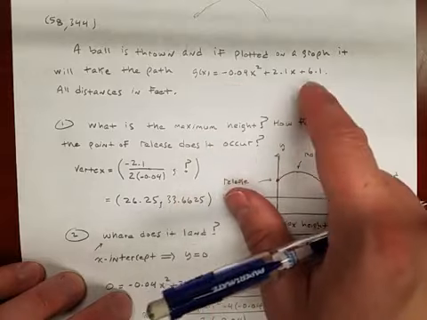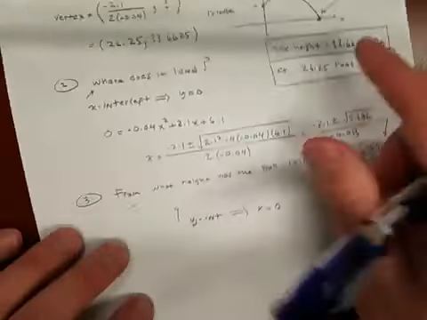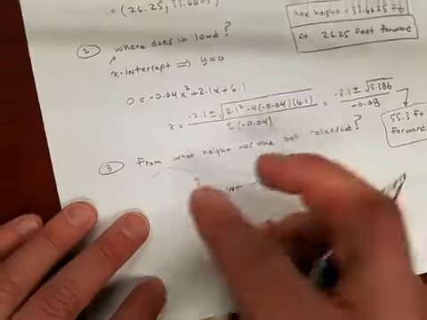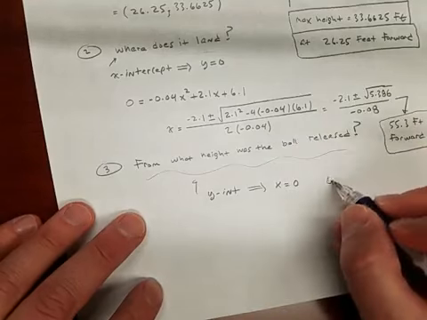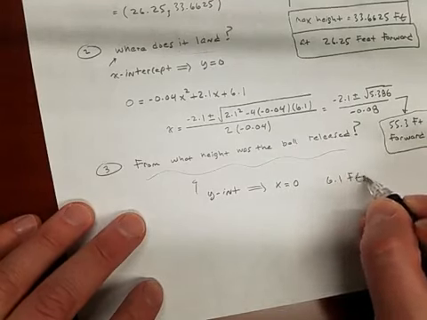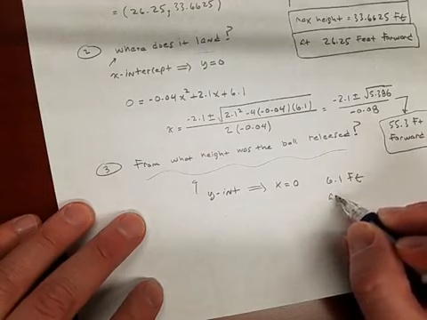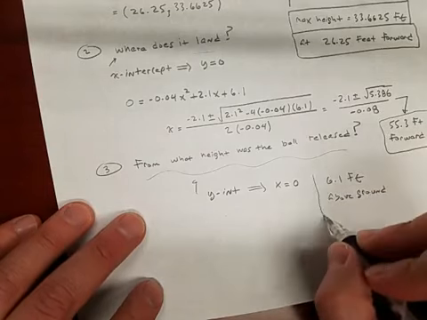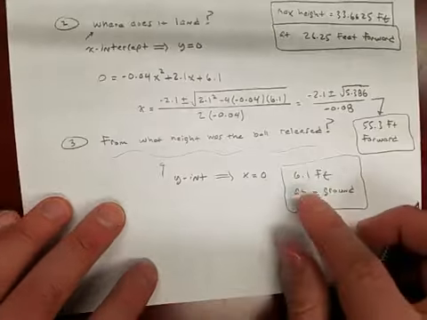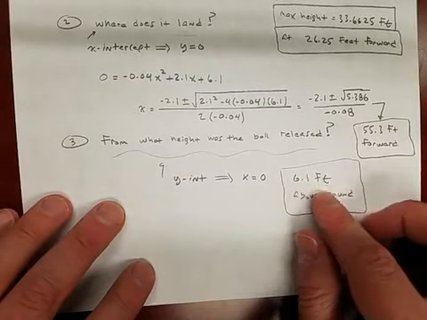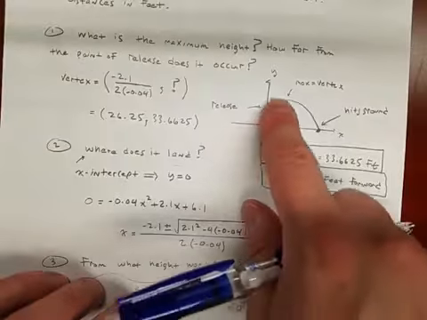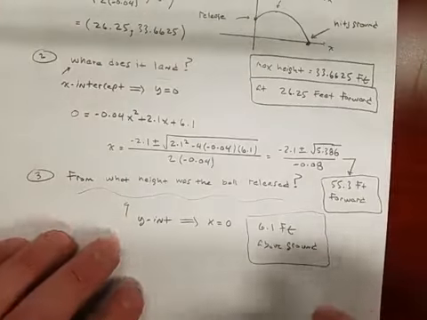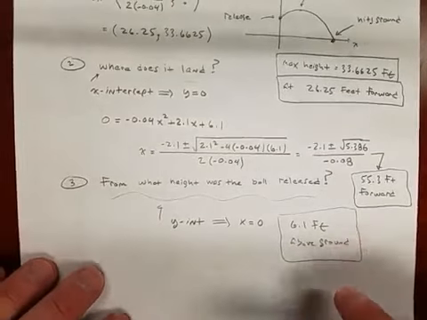The y-intercept is always going to be that constant. So from what height was the ball released? 6.1 feet above the ground. So like you throw a baseball overhand, release it from 6.1 feet above the ground, and toss it forward and it falls down. That's the scenario that we have. Okay.